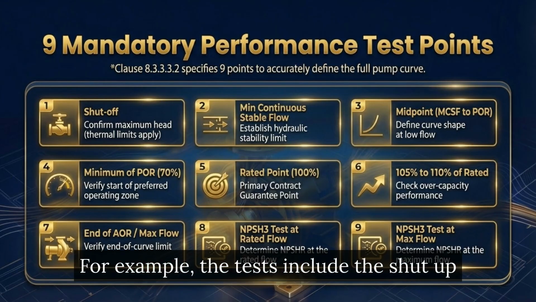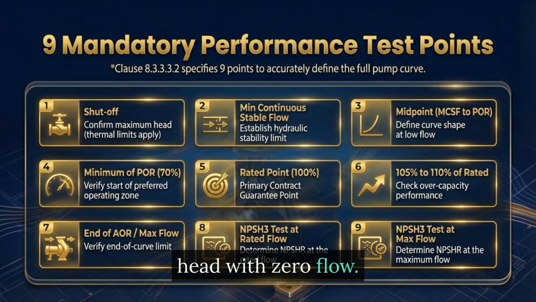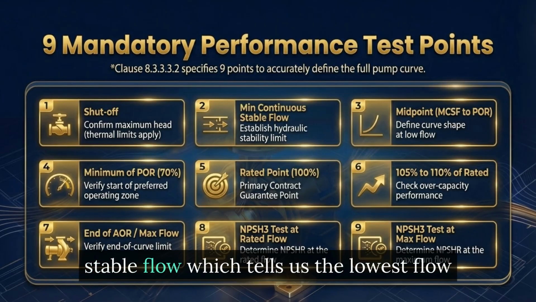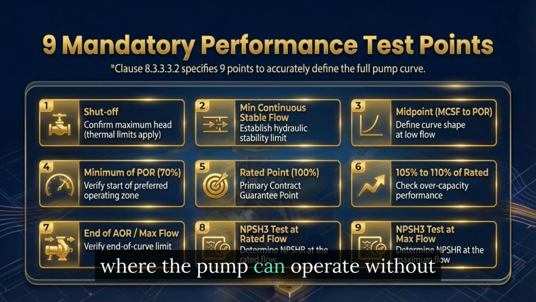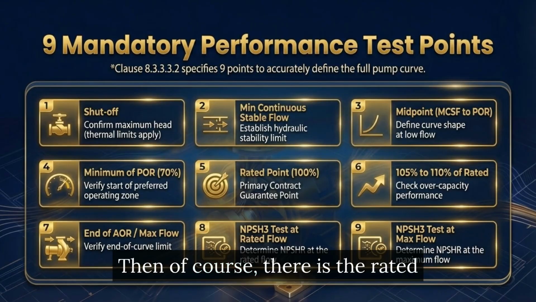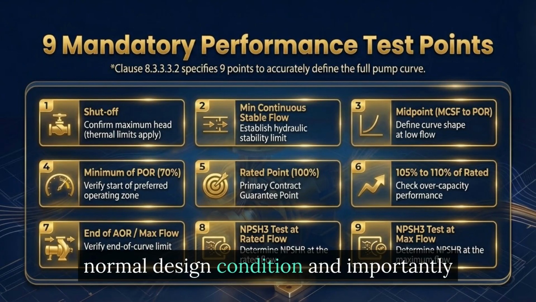For example, the tests include the shut-off point, where the pump produces maximum head with zero flow. It also includes the minimum continuous stable flow, which tells us the lowest flow where the pump can operate without instability. Then, of course, there is the rated operating point, which represents the normal design condition.